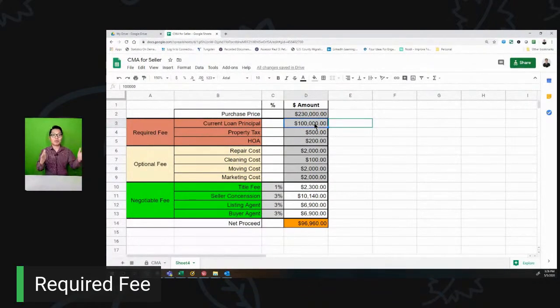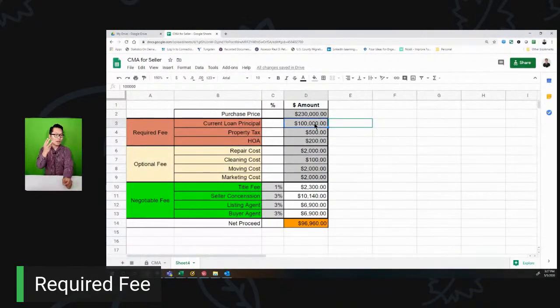You actually don't pay for those; you just give the credit to the buyer so that the buyer can pay it later when the tax is due. But you are responsible for whatever period you lived in the house.